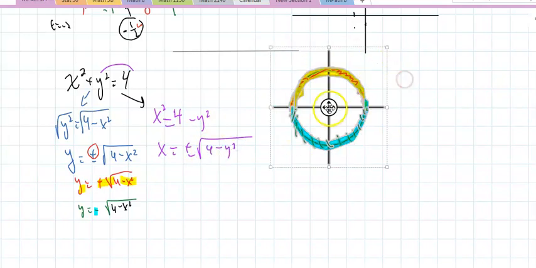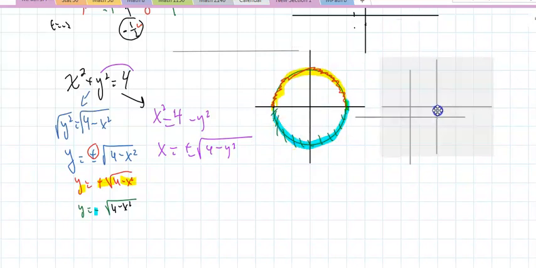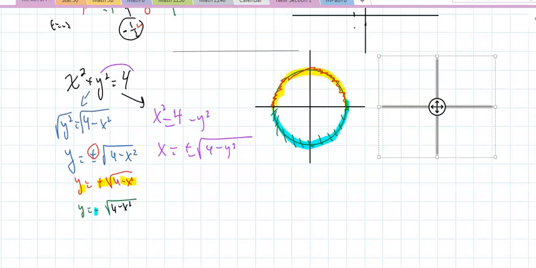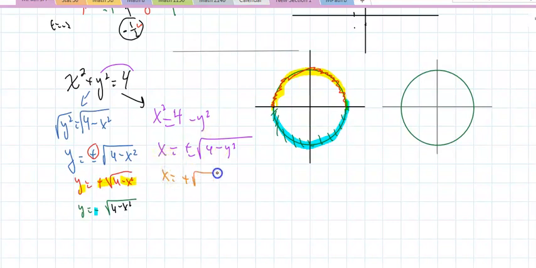And if I sketch another graph, just to demonstrate how this works, something again that you need to know for this class, there is the circle. If I look at x equals positive the square root, x is positive to the right, so you will get the right half of the circle.